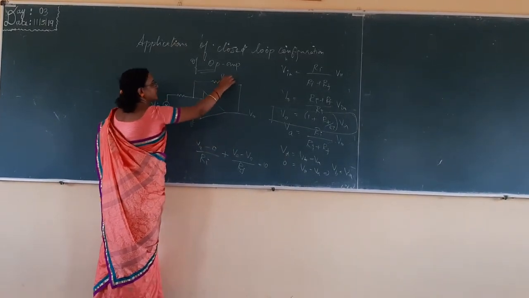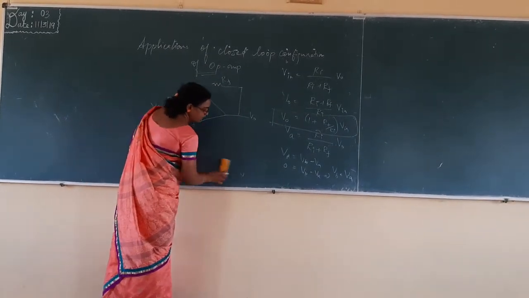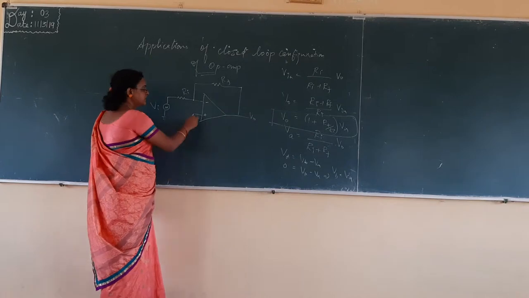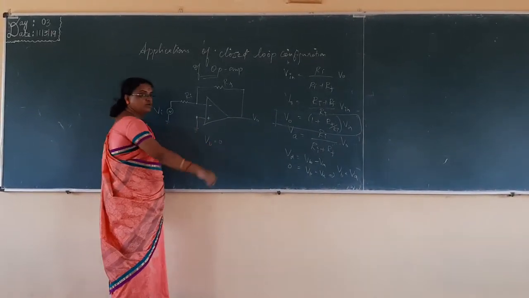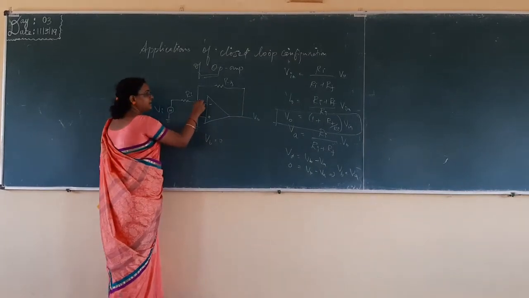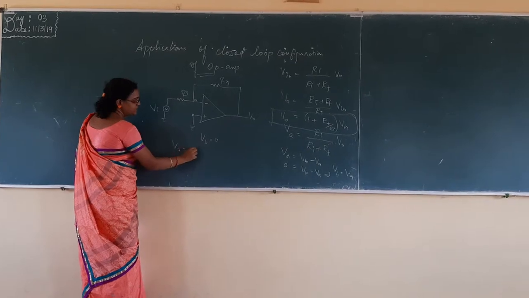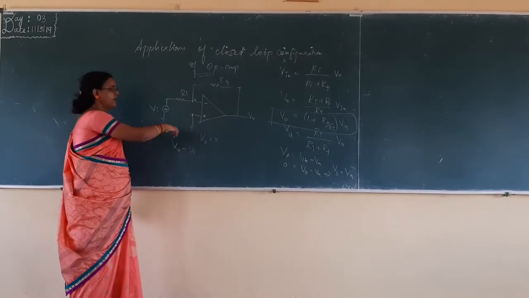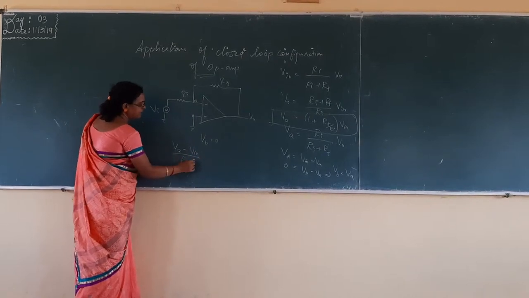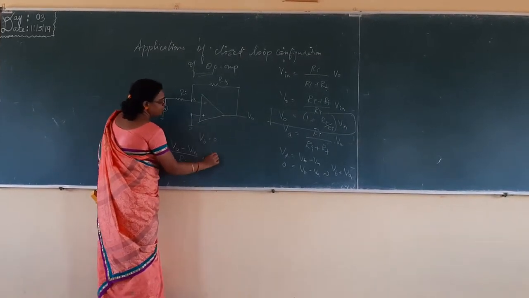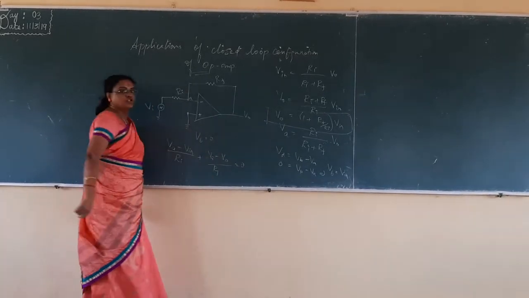Now this is our Vp, which is grounded. Thereby Vp is equal to 0. Writing the current equation at node A, the other end of Ri has Vin, thereby (Va minus Vin) divided by Ri plus (Va minus V0) divided by Rf is equal to 0.